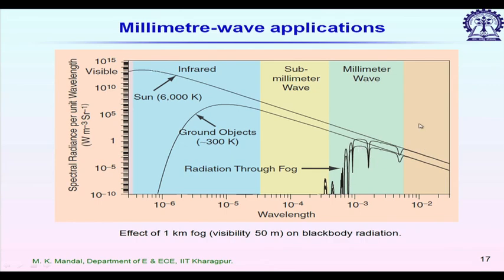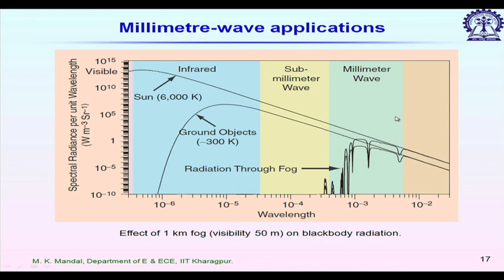So, if I can design any imaging system at millimeter wave frequencies, we can call it an all weather imaging system. It is very popular for defense application. You can take imaging even under heavy rain, heavy fog, dust storm and even in sandstorm condition.